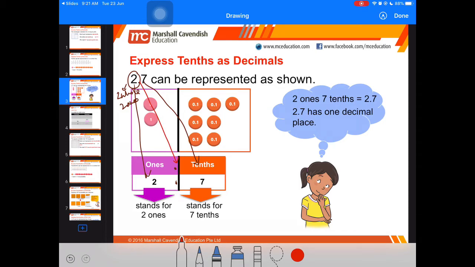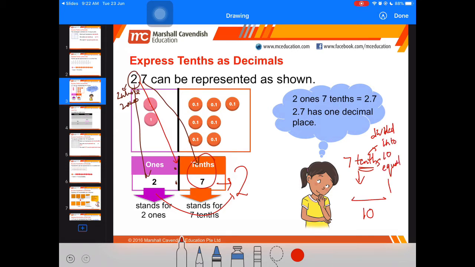So you have 2.7. If I change this to a fraction, how do I do it? 2 ones will be 2 wholes, 7/10. If I express it as a fraction, 7/10, the denominator will be 10, because that means the rectangle is divided into 10 equal parts.